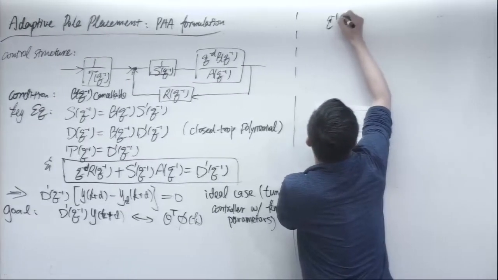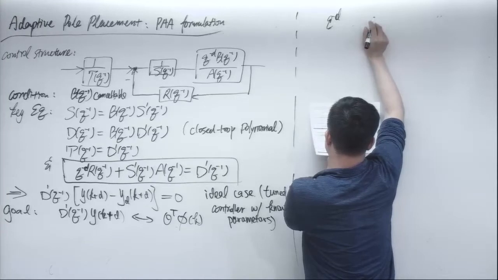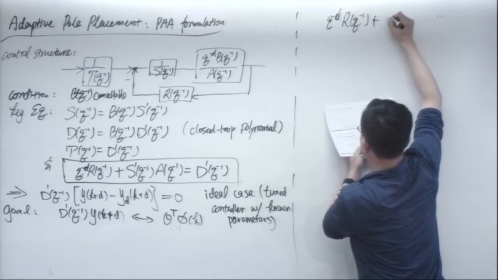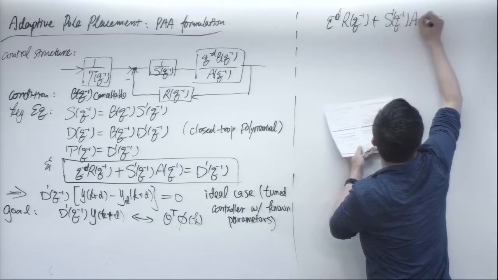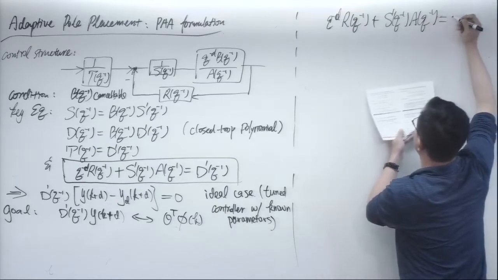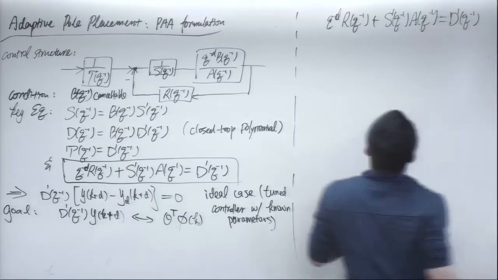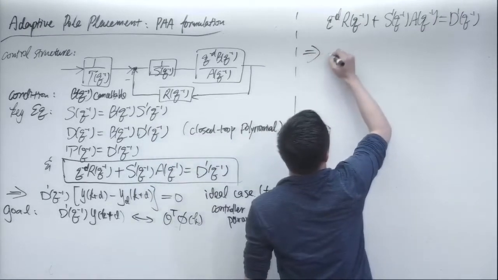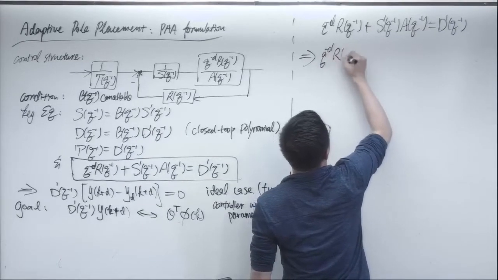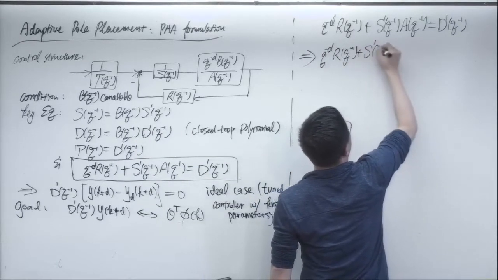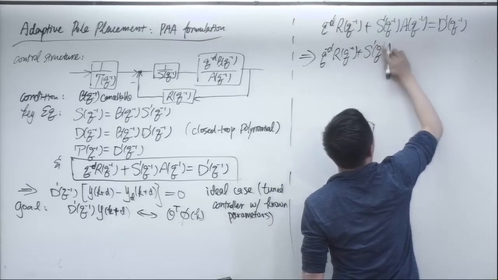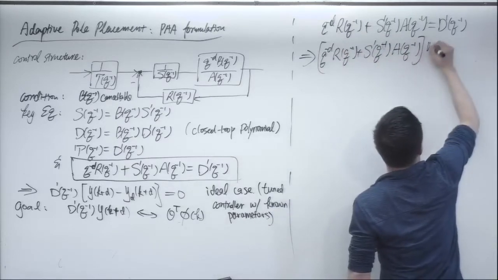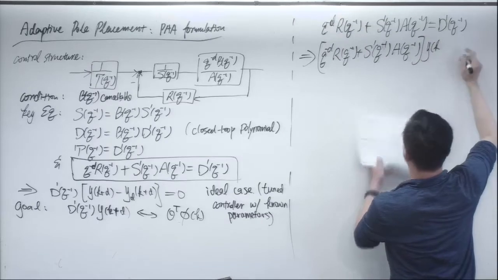So let's see how that can be done. We have this Diophantine equation here. Let's multiply the left and the right hand side both with y k plus d.